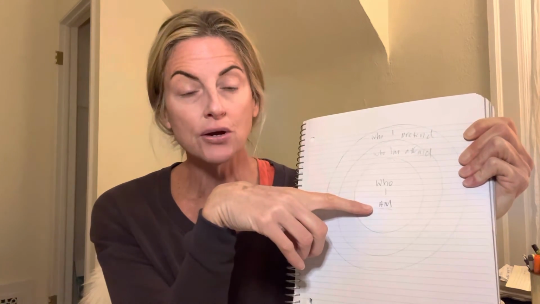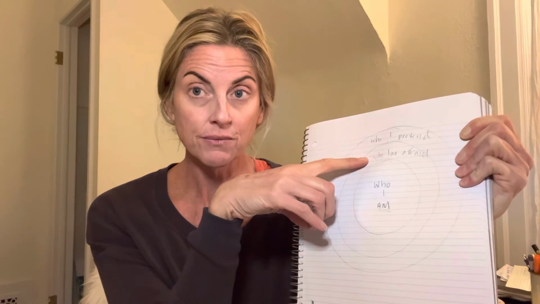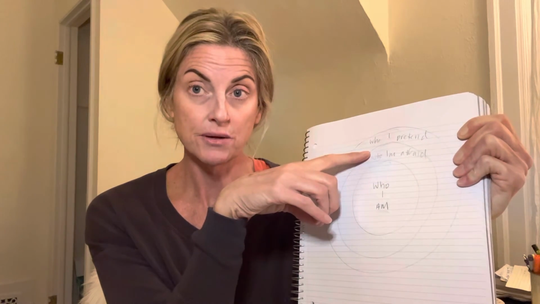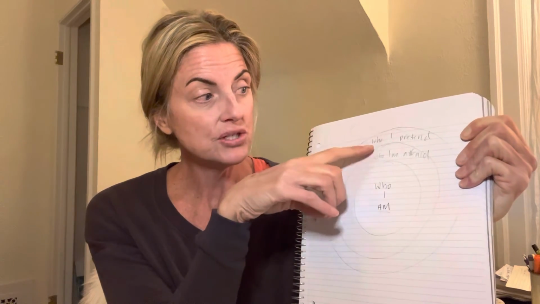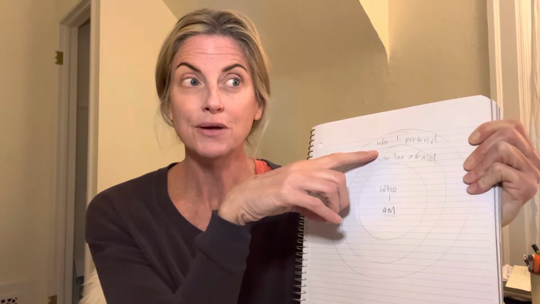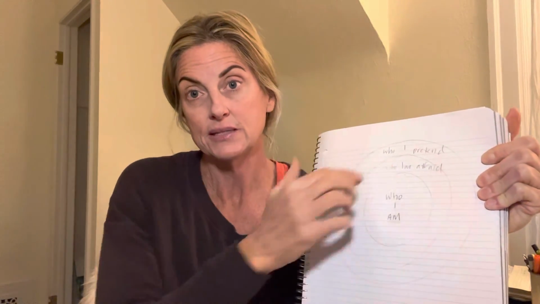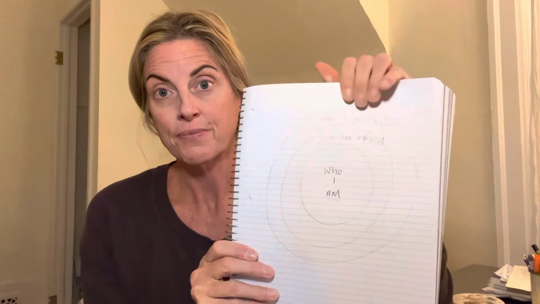So if we start here, we can start to be the noticer of fear, and we can start to be the soother of fear. And then we can start to show this external version of us, and who I am and how I want to show up and express myself starts to integrate. This all starts to become integrated, versus losing this sense and just living in this outside space.